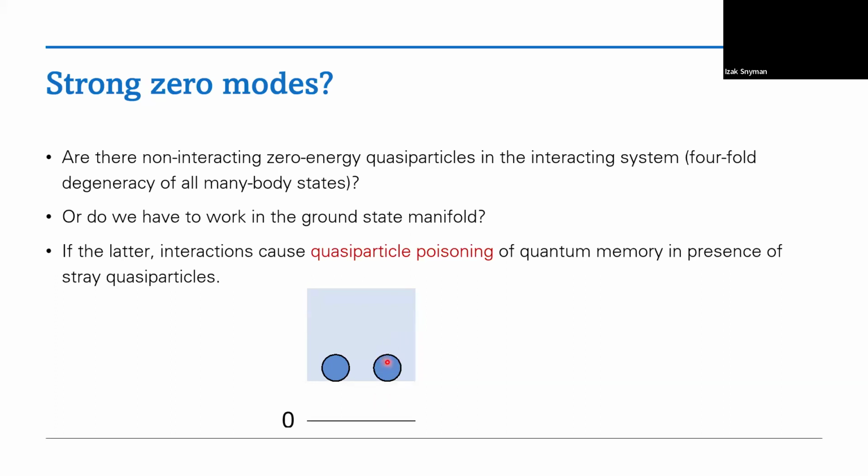There are some quasiparticles here, but I've created this zero-energy one to be empty, and these guys don't interact with it, so they just stay here. But if there isn't a version of the non-interacting quasiparticle in the system, then there's nothing to prevent this process from spontaneously happening, and the zero that I've tried to encode becomes one. So quasiparticle poisoning is a real problem.